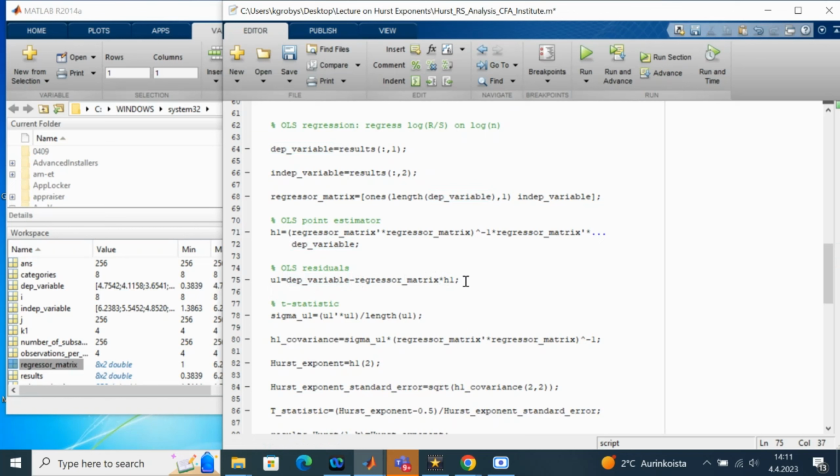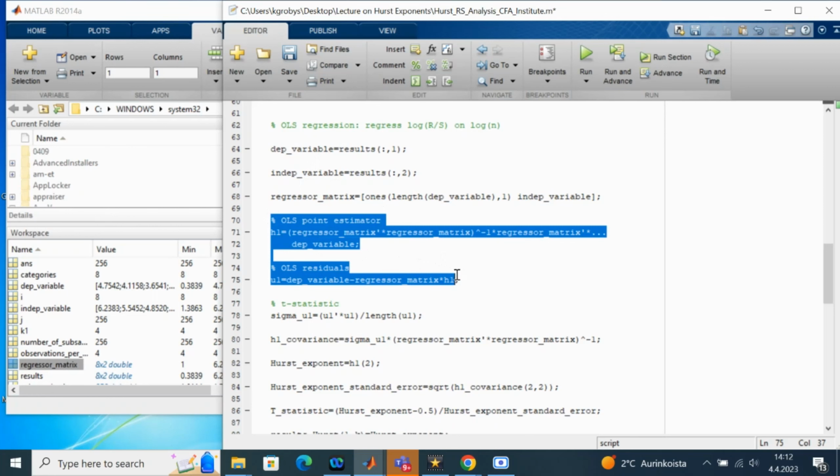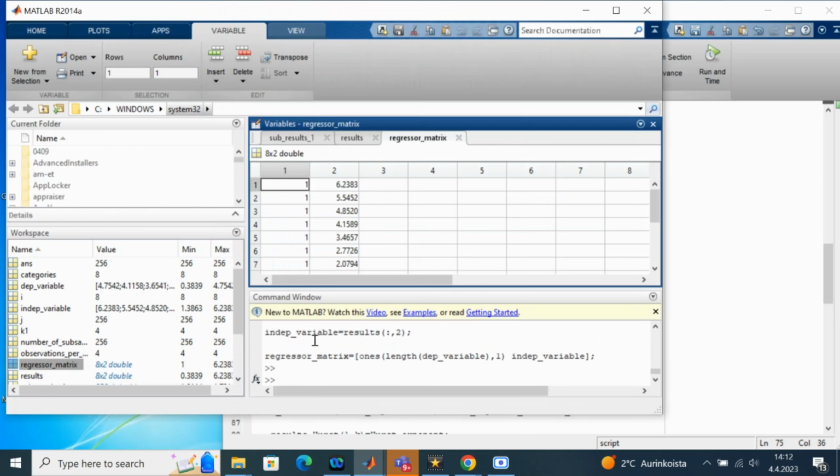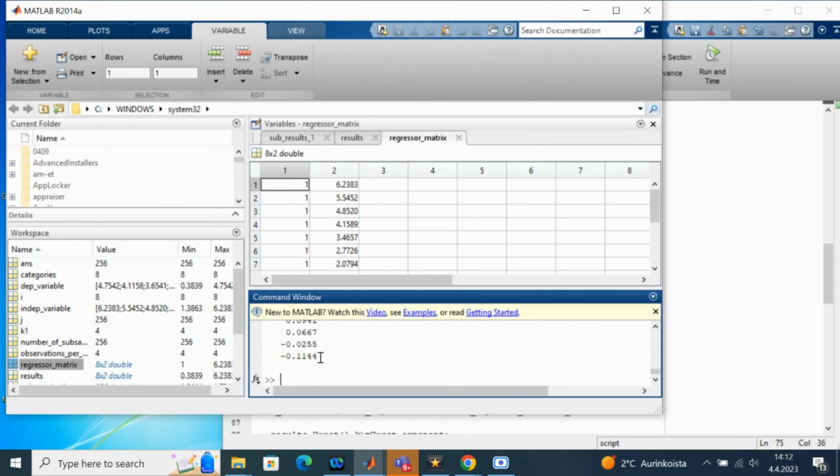In our OLS framework, you might remember from econometrics, that's simply y minus the regressor matrix x times the estimated beta. We know H1 is a 2 by 1 vector, and the second element is our corresponding estimated Hurst exponent. So let's copy this into Matlab and let's see what comes out.